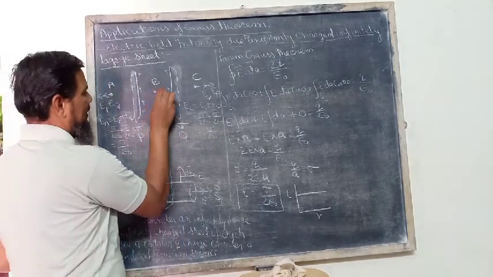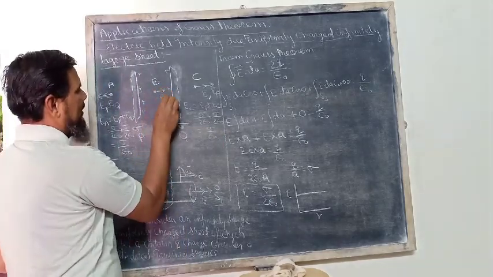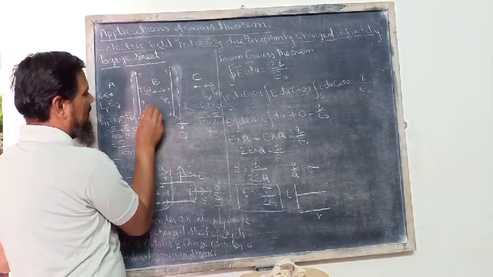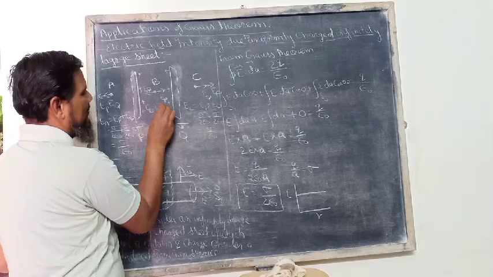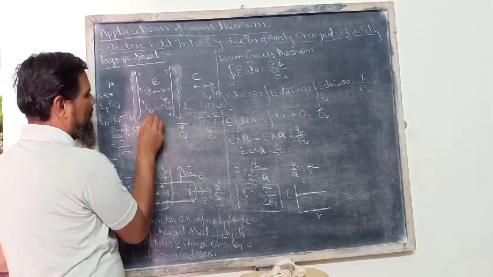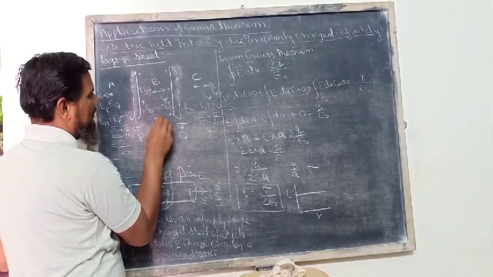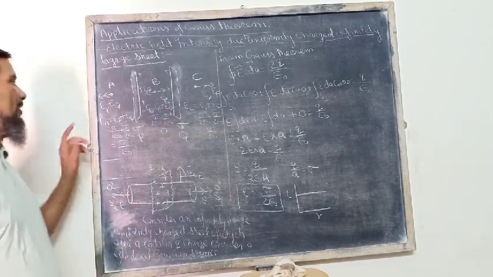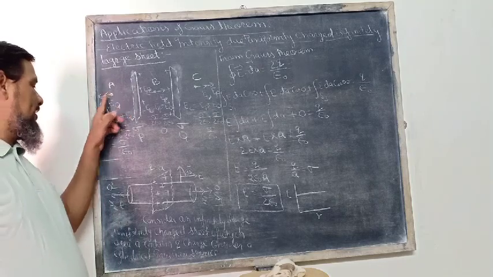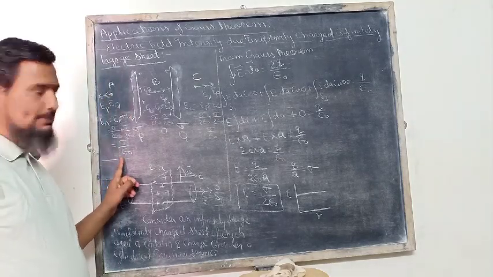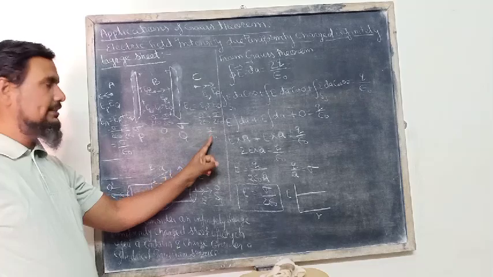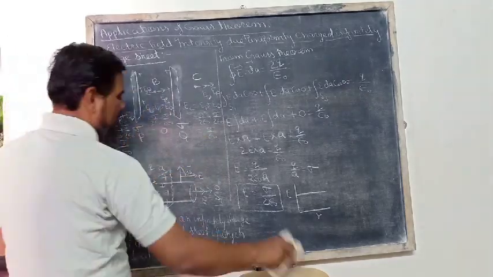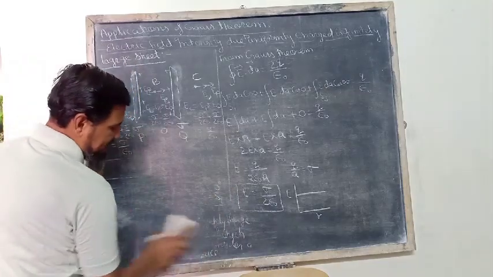And in between, here is the direction of EP and here is the direction of EQ, and the value will be EB is equal to EP minus EQ, means sigma upon 2 epsilon naught minus sigma upon 2 epsilon naught is equal to 0. So at point A, the electric field intensity will be sigma upon epsilon naught. At this point, the electric field intensity will be sigma upon epsilon naught, and between the plates it will be 0.